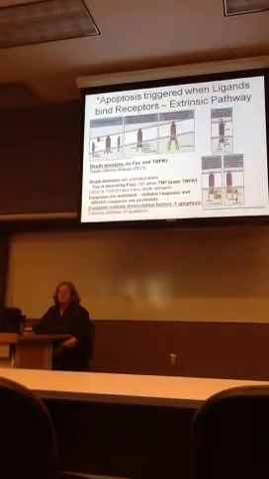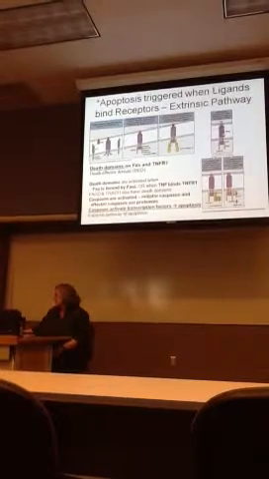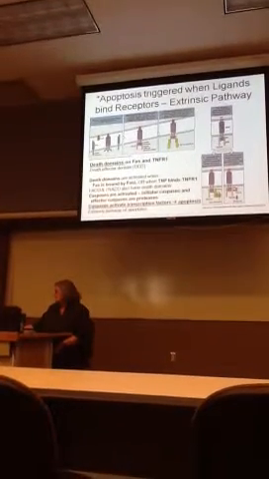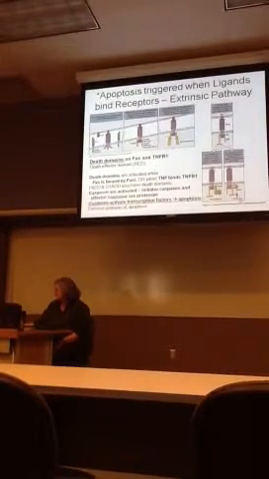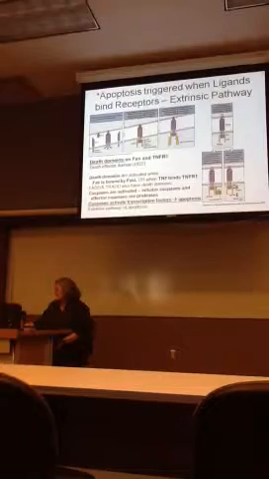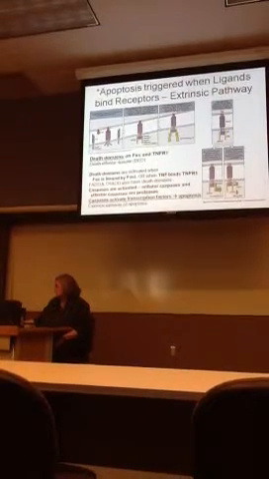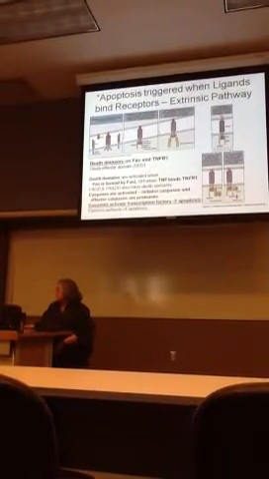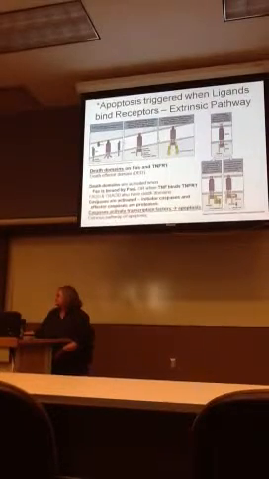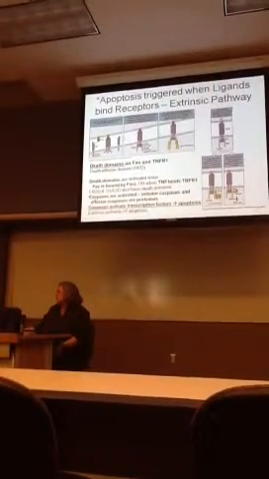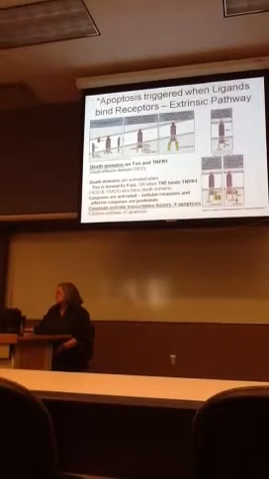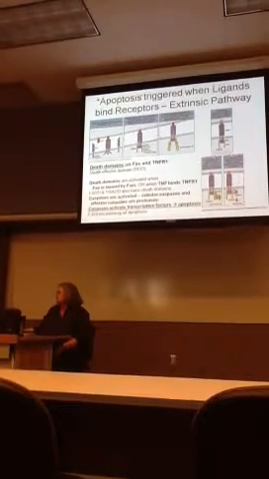It can also be a signal that's secreted by a cell. When it binds this receptor, you have the activation of the death domains. The end result is that transcription factors are activated.